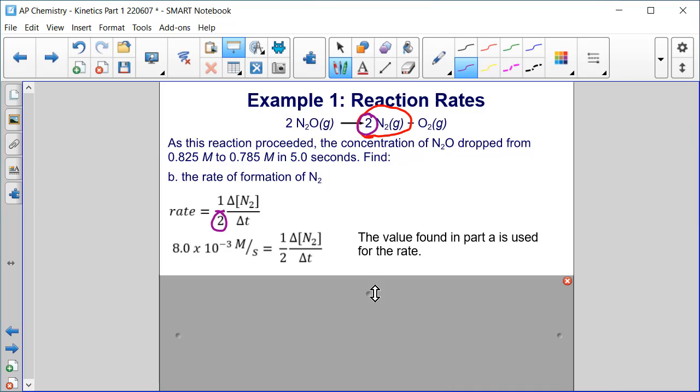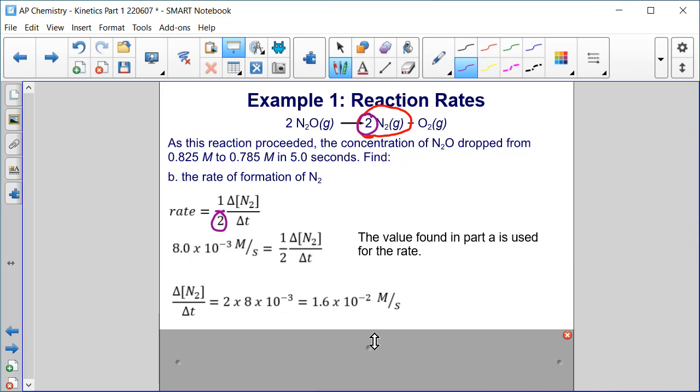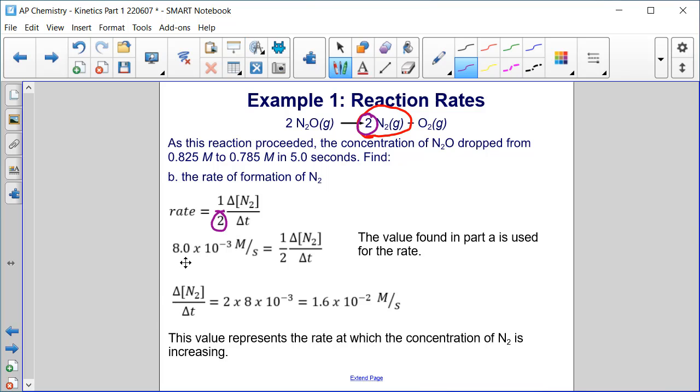So the value found in part A is used for the rate. So you can see that I've substituted that 8.0 times 10 to the minus third molarity per second, and then equals 1 over 2 delta N2 over delta t. And then we can solve for this rate.